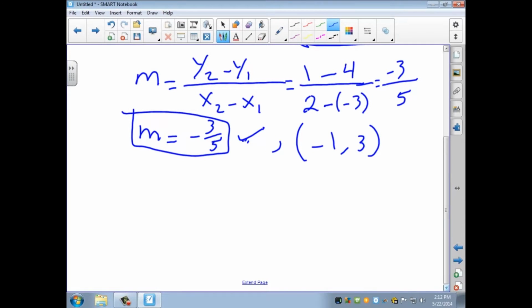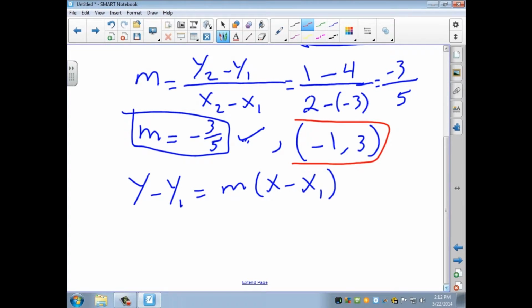So we use this formula: y minus y1 equal m times x minus x1. That's how you find the equation of a line. Now in this case, we have m, we have x1 and y1. x1 and y1 is referring to these coordinates, right? And this is your m. So y minus y1 is 3 equal m, which is minus 3/5, x minus x1, minus minus 1.